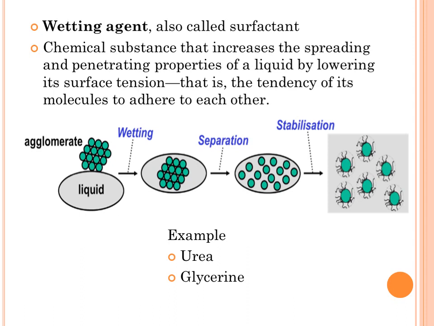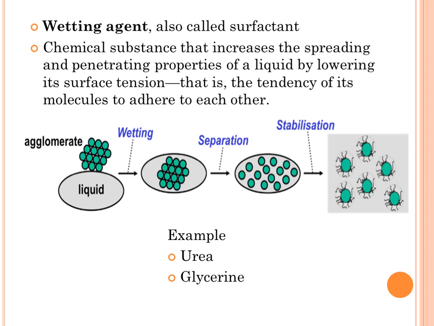Normally we know that if all of a sudden we want to mix a powder in water, what happens? It gets agglomerated. It gets converted into lumps. So if we use wetting agent along with that, this wetting agent helps us to reduce the surface tension. By the reduction in surface tension, the dye molecules, and here we can consider the example of dye, get separated and slowly the surface of the dye molecule starts to get etched.